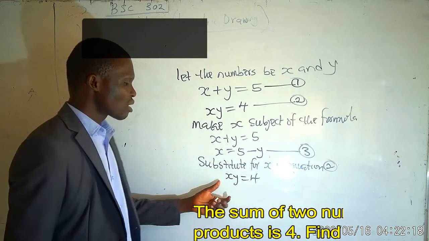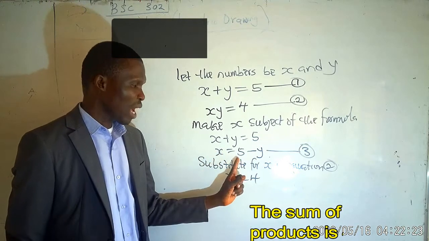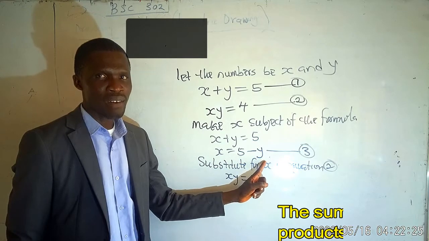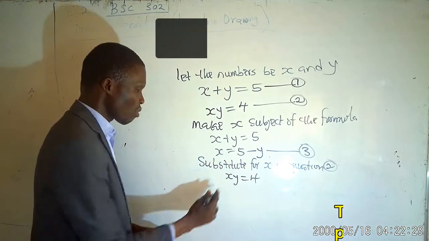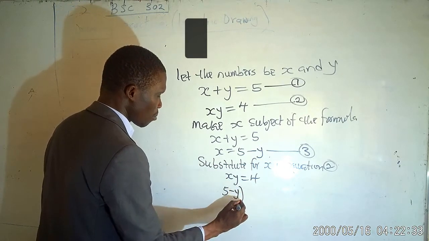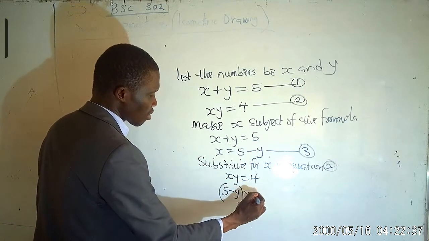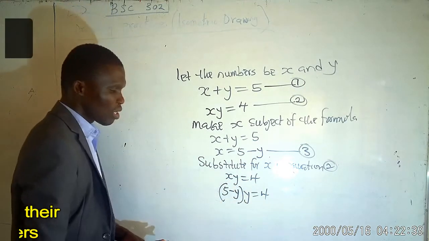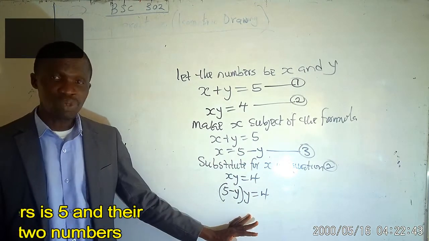So wherever you see x, you represent it by what? 5 minus y. That is what substitution is all about. So from here, our x is 5 minus y. Put it in bracket. This y outside, put it here. You are going to have 4. So now you need to open this bracket.